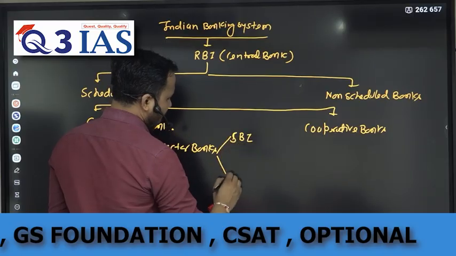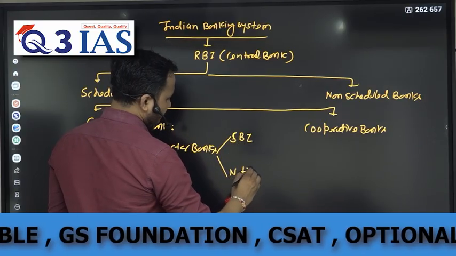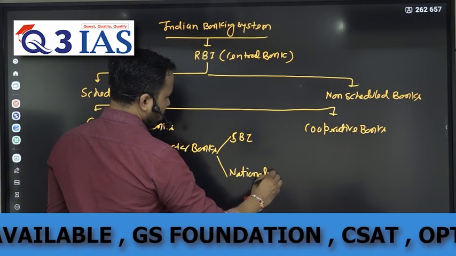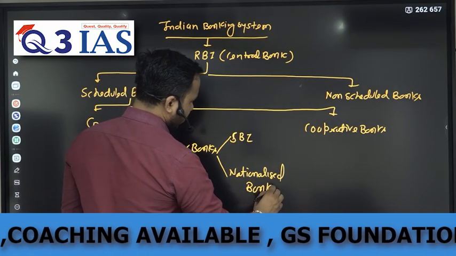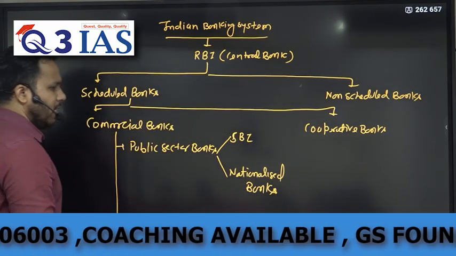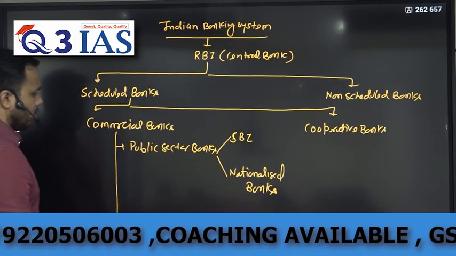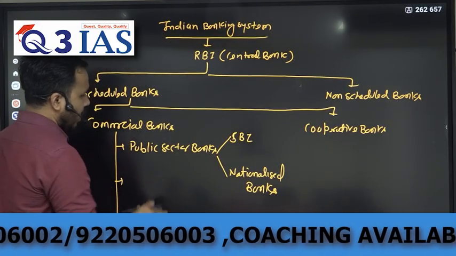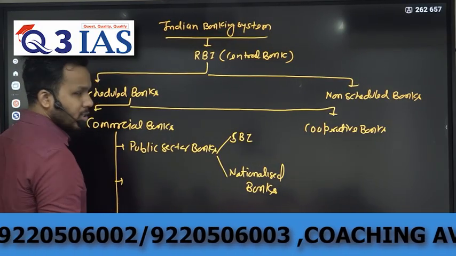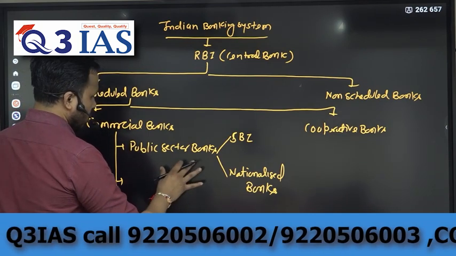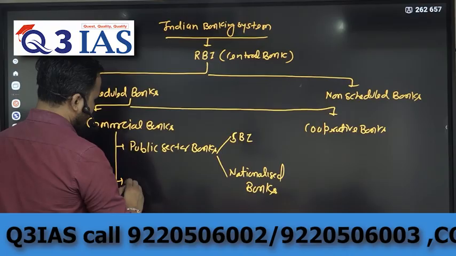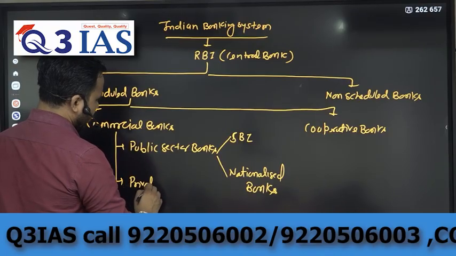First is SBI, second is nationalized banks. The second type of commercial bank is private banks.